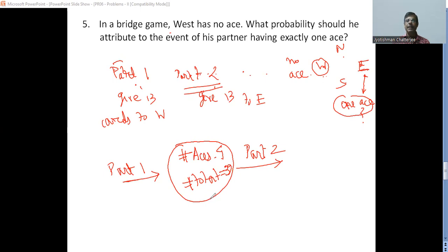Right? So this is our configuration of interest. And no matter which exact choices are made, those 13 cards, we are invariably left with this configuration. And this is what is of interest to us. How many aces are there? And what is the total number of cards remaining.